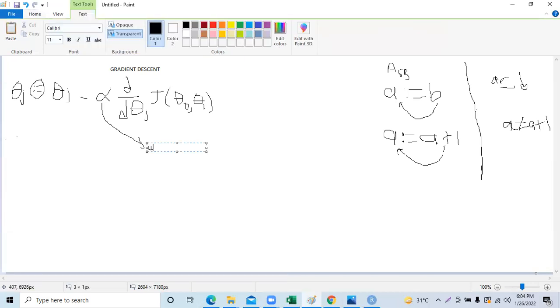I'll explain learning rate in detail later. It's called learning rate, and it controls how big a step we take on our way to global minimum.